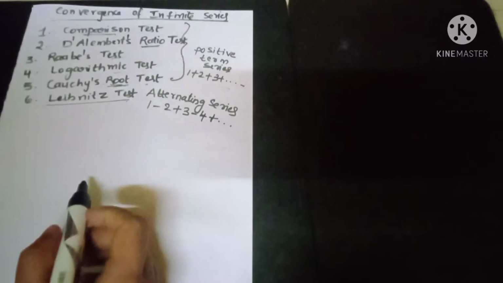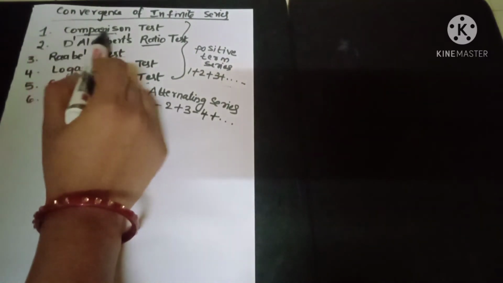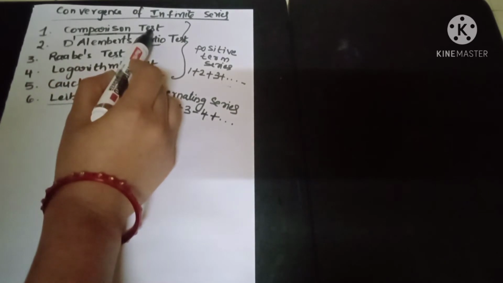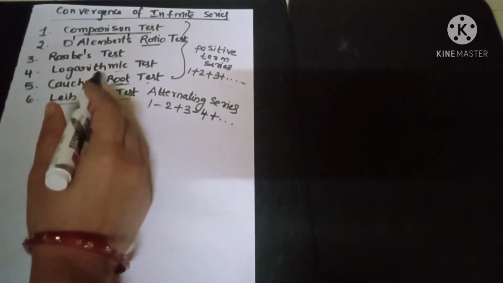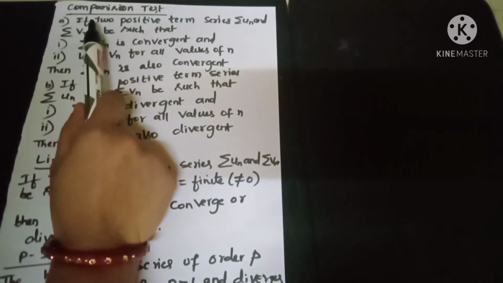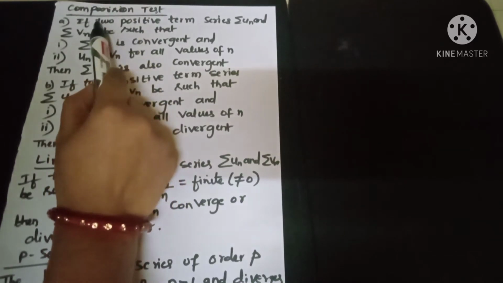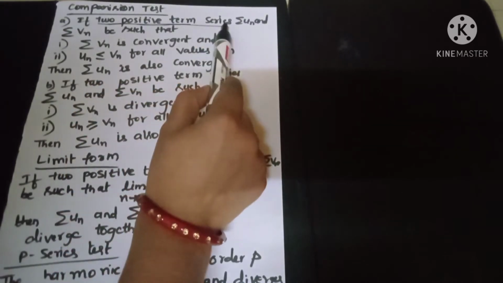positive number. In this video I will be explaining the comparison test and solving problems. First let us see the statement of the comparison test. Stress should be given to the words two positive term series.